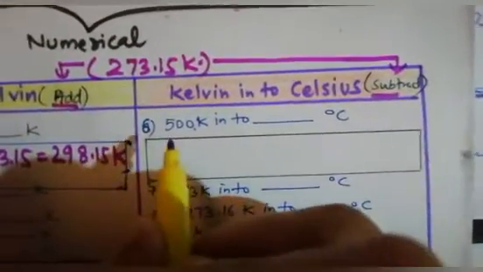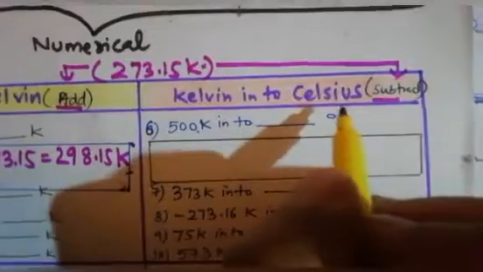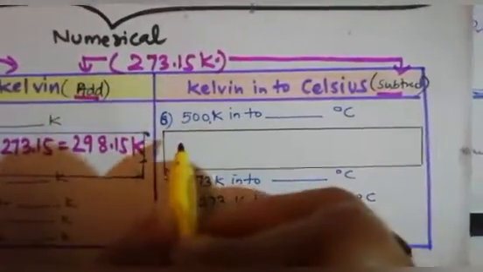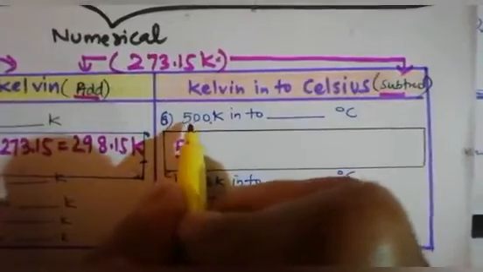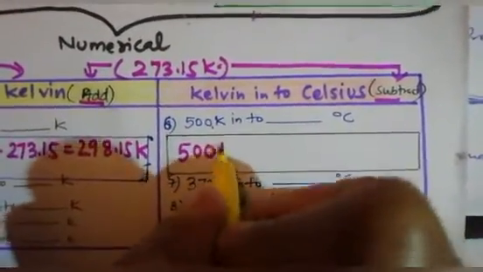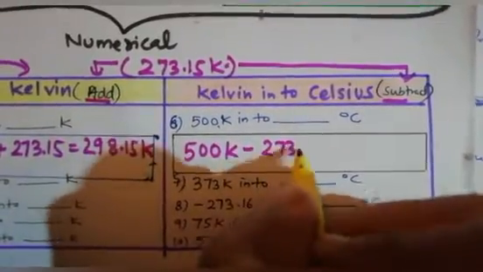Second, a question can come: convert Kelvin into Celsius. So here we need to subtract 273.15 from the value given in the question. Very simple. If the question is 500 Kelvin into degrees Celsius, we will take 500 Kelvin minus 273.15.